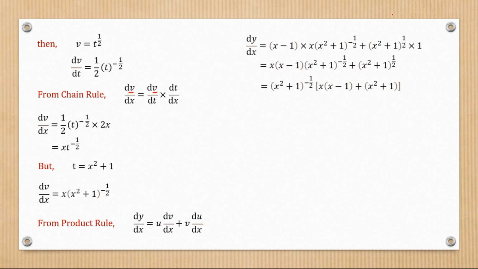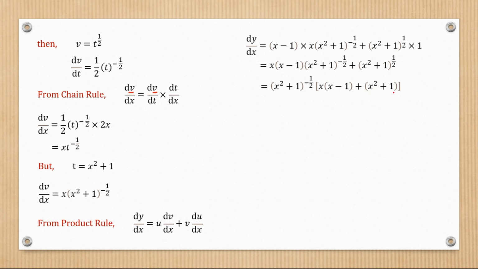You can see that inside the brackets we'll be left with x times (x minus 1) plus (x squared plus 1). This is very useful because the x squared plus 1 is left with the power 1. If we were to take this back, it would give us (x squared plus 1) to the power a half, because negative a half plus 1 is equal to positive a half.